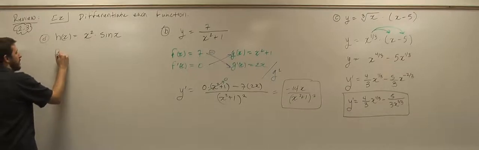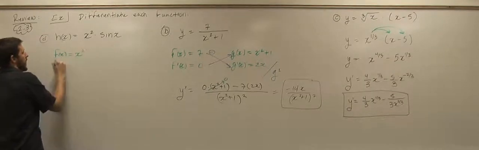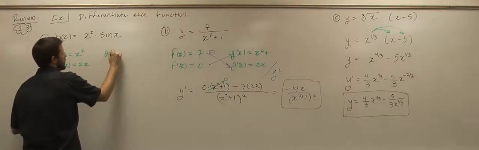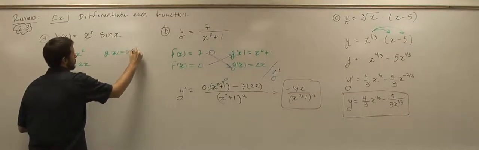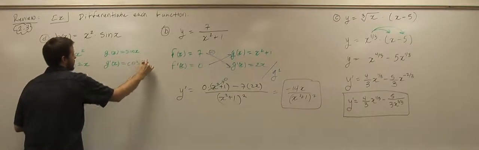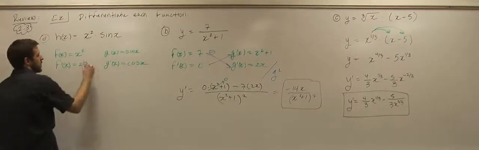So your f of x is x squared, which means your f prime is 2x. Your g of x is sine x, which means your g prime is cos x, derivative of sine is cosine, and you crisscross.